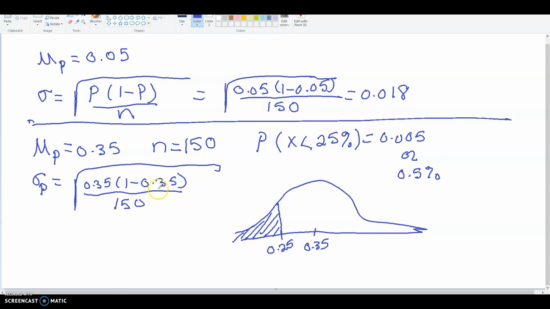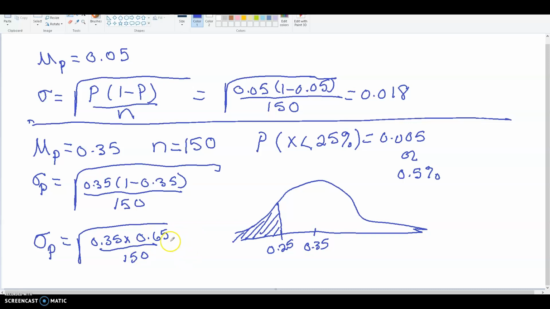If you're having trouble, if you're getting weird answers or you're not getting what I'm getting, you might calculate the standard deviation before you go to the calculator, to make this easier to type in. I know that this is 0.35 times 1 minus that amount. You don't have to do 1 minus that amount like this. You could just type in, I know that 1 minus 0.35 is 0.65. Sometimes that can make the problem a little easier, and just divide by 150.